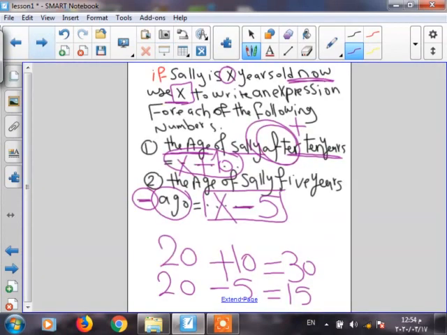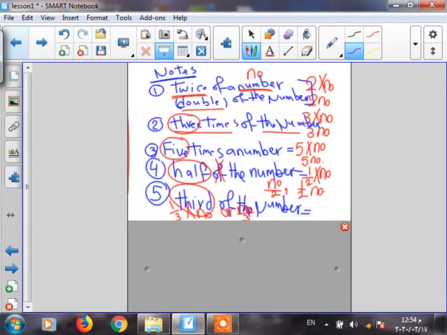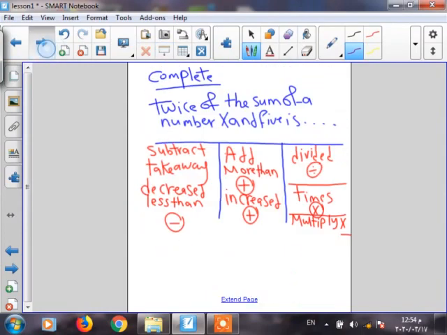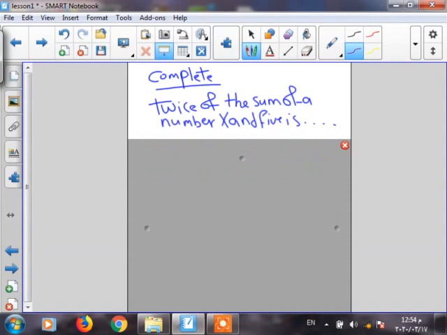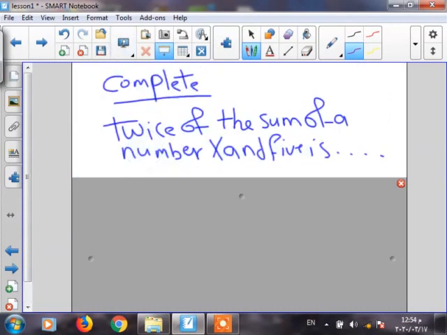The next one. Twice of the sum of the two numbers X and 5. So, I want to make, I have here what?